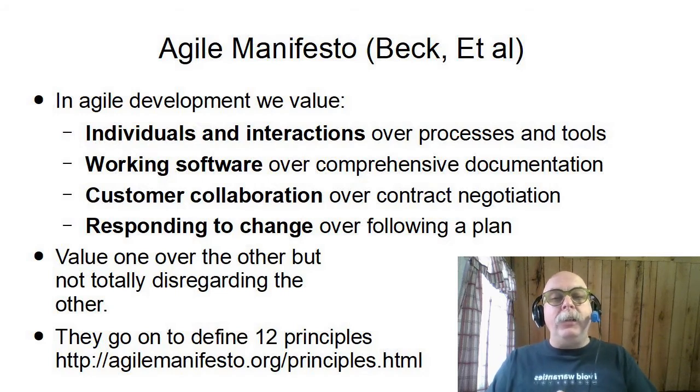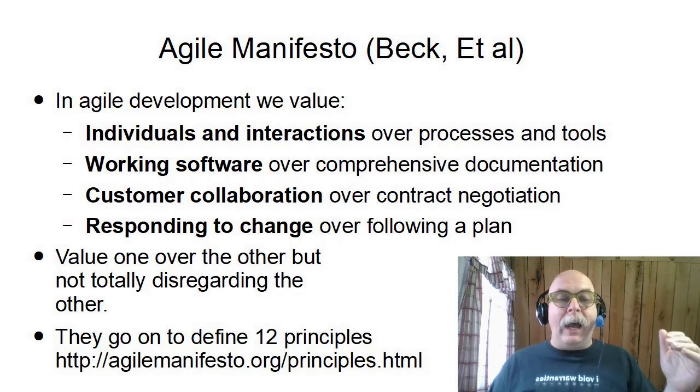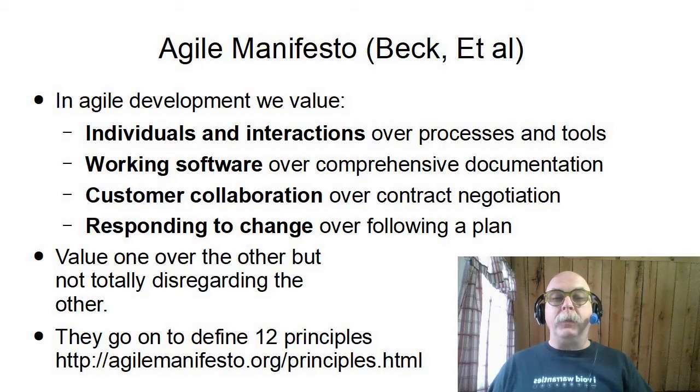In addition to the manifesto, which I've listed, there were 12 guiding principles of the Agile methodology that they published at agilemanifesto.org, and the website is here if you want to take a look. It's a really interesting read, but it just blows these ideas up into 12 guiding principles.